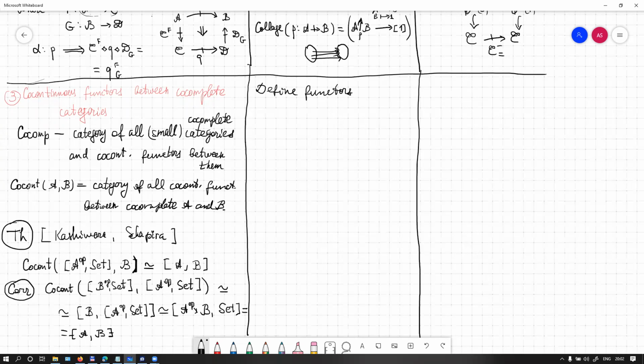One will be from profunctor category from A to B to the category of co-continuous functors between A and B.